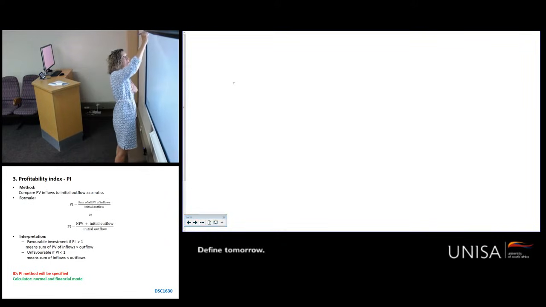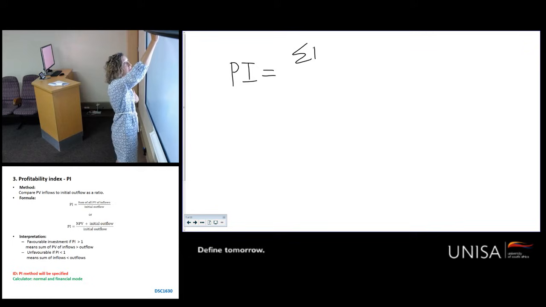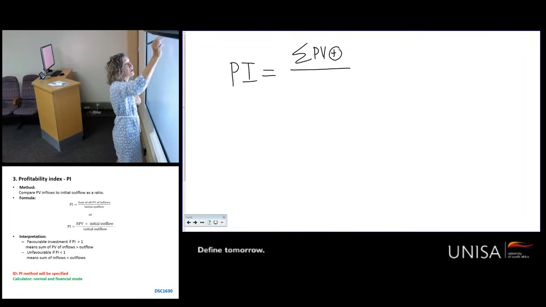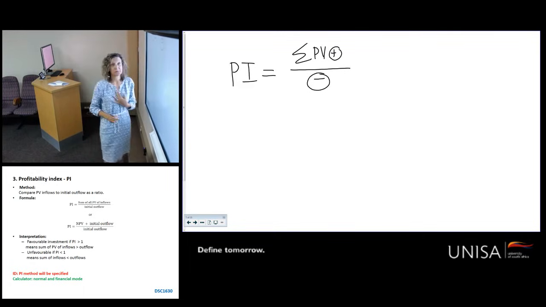So our profitability index is again the sum of the present values of our positives, our inflows, divided by our outflow.